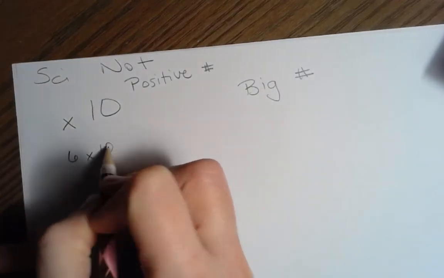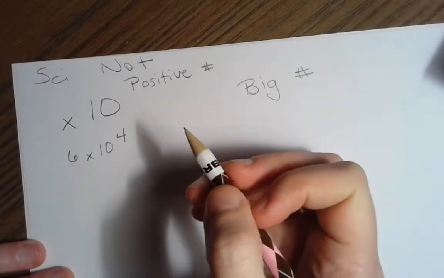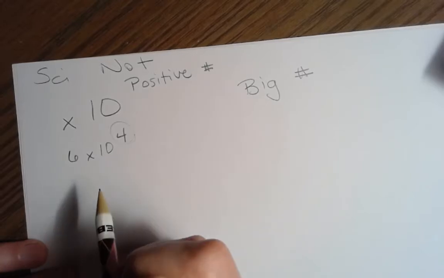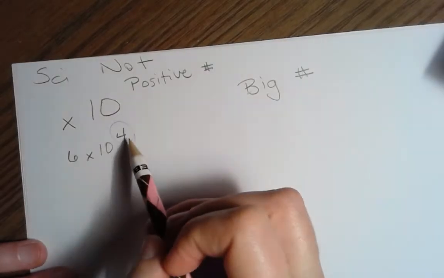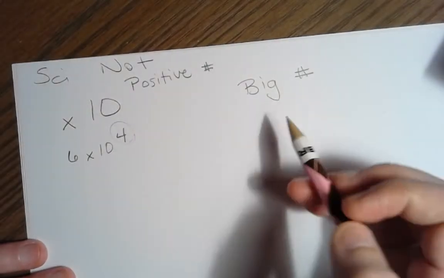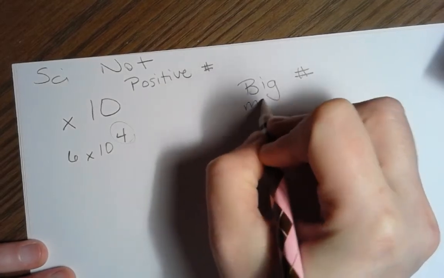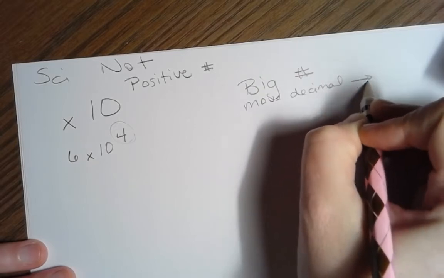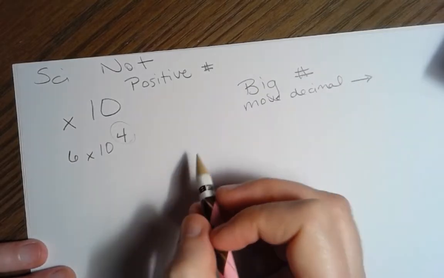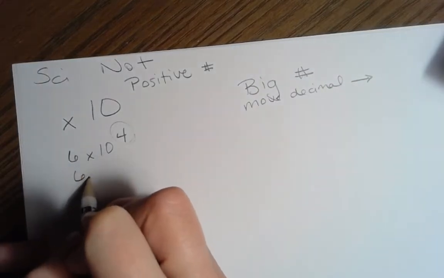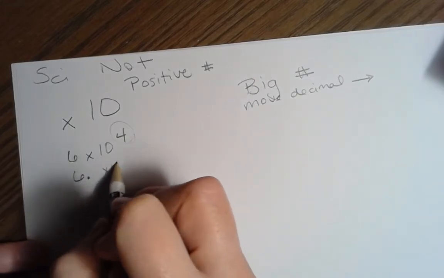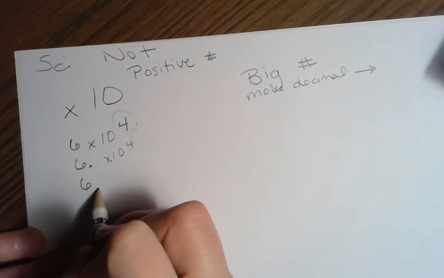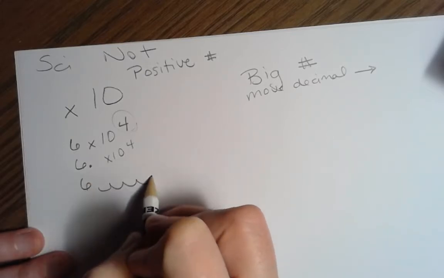6 times 10 to the 4. Move your decimal 4 place values. It's positive 4. This will be a big number. Move the decimal to the right to form a bigger number. So take that implied decimal, move it 4 place values to the right, 1, 2, 3, 4.